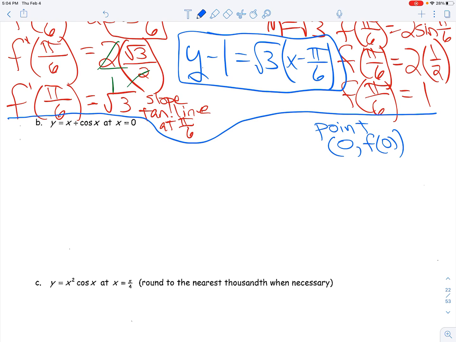So for the point, we'll input 0, and then out will come the y value.